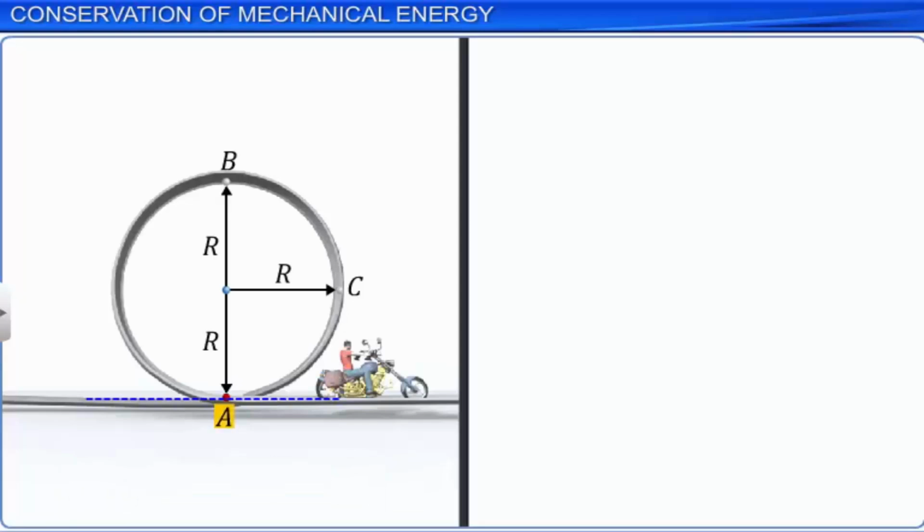At its lowest point, which is taken as the reference level, the bike possesses only kinetic energy but no potential energy. Let it be assigned a horizontal velocity u at the lowest point A. At point A, the total mechanical energy of the system is denoted by the expression half mu². Let this be equation 13.